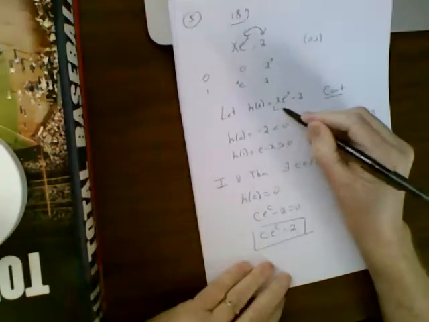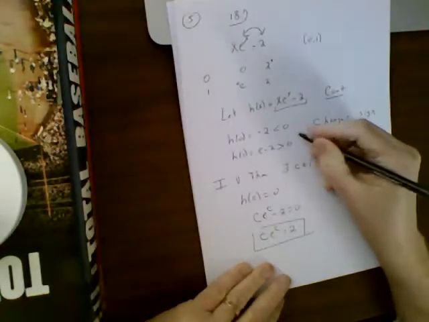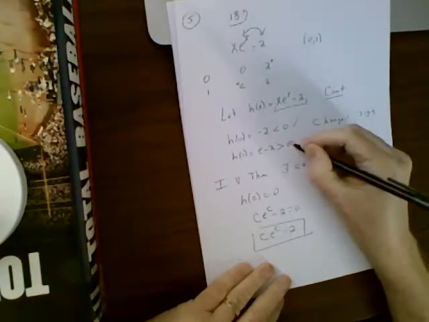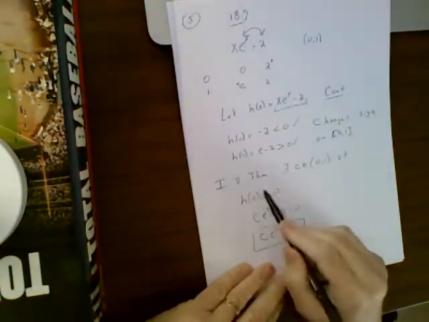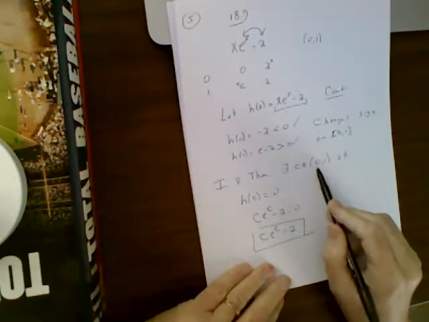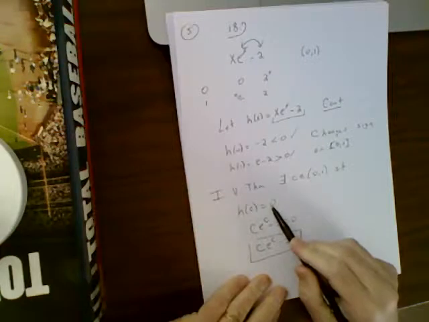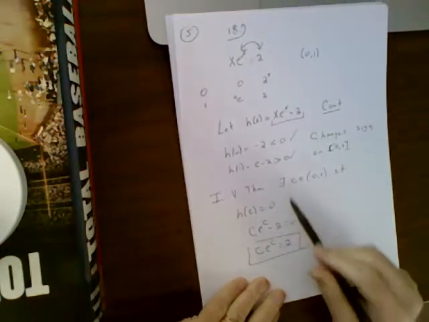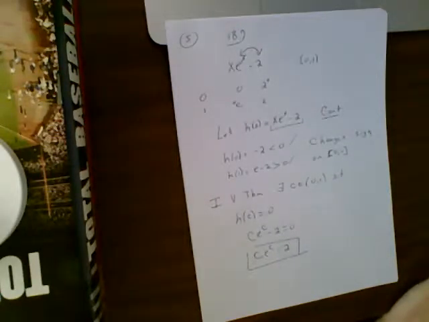If you look at the difference of these two functions, it's still continuous. It goes from negative to positive, so it changes sign on the closed interval. So the intermediate value theorem says there's some point in the open interval that makes the function equal to 0, but making the function equal to 0 is exactly making these two equal. So once again, another use of the intermediate value theorem. That takes care of 18.7.